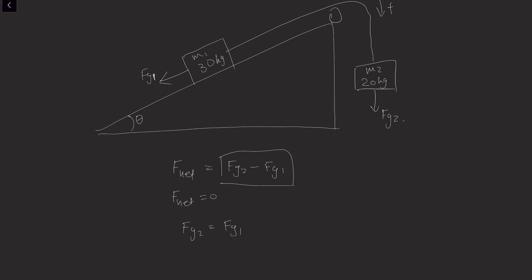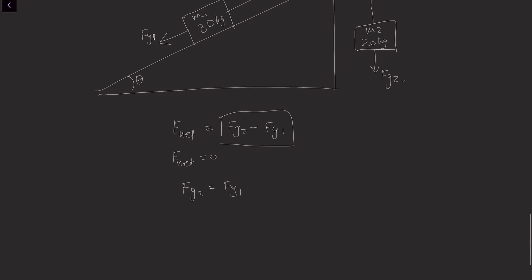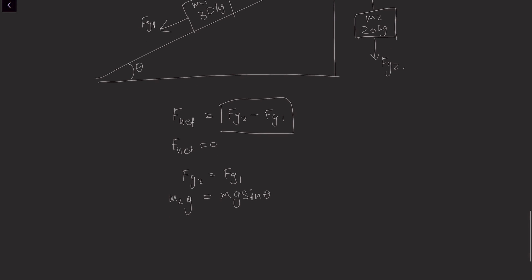So in this case, if these two forces are equal, let us substitute in the equations. Fg2 is just the weight of block m2. Fg1 is force due to gravity on an inclined slope, m1g sine theta. Good.